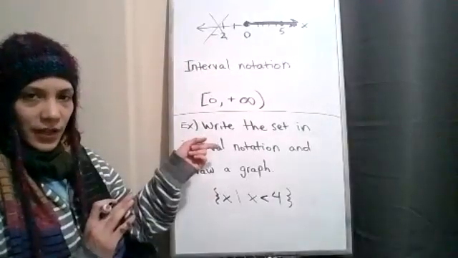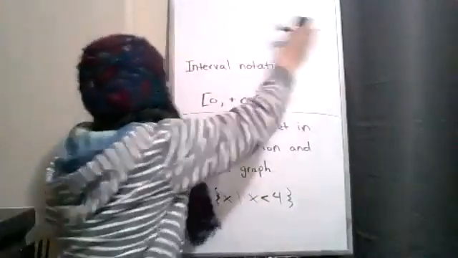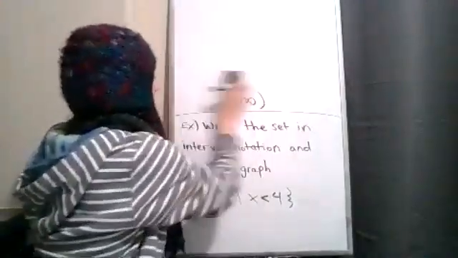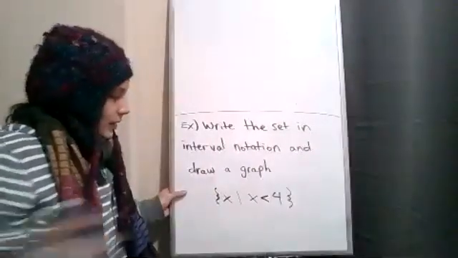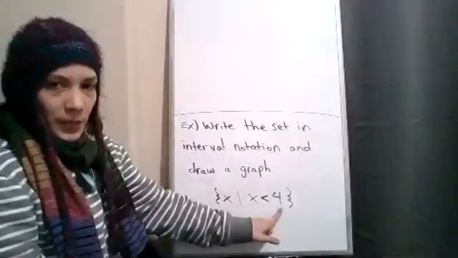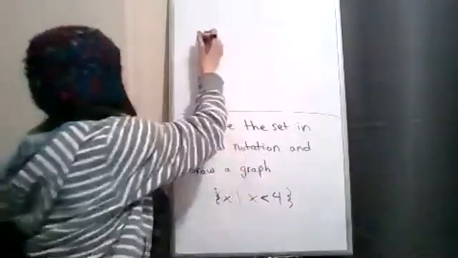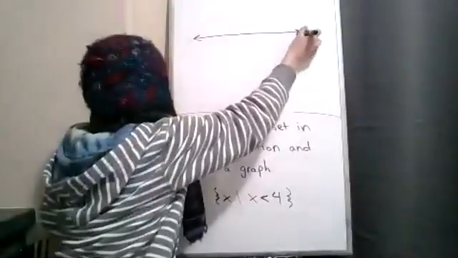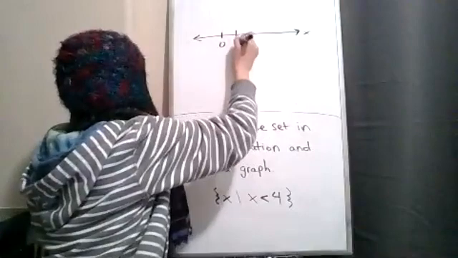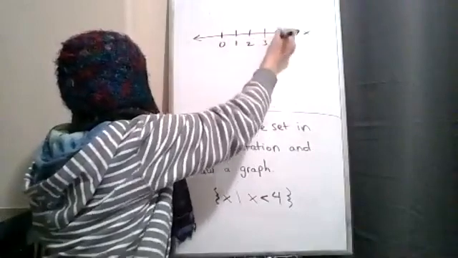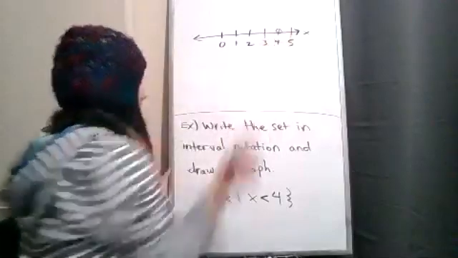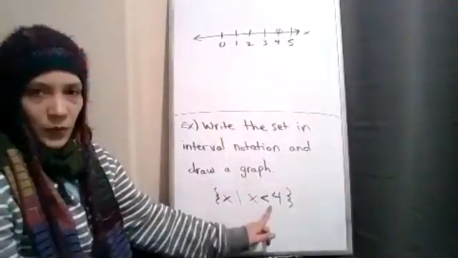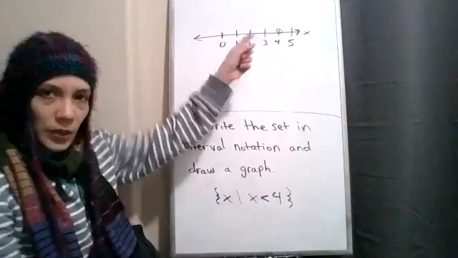Let's do the graph first. So we need a placeholder for 4 on a number line. We don't include 4. There's no equal sign, so open circle on 4.